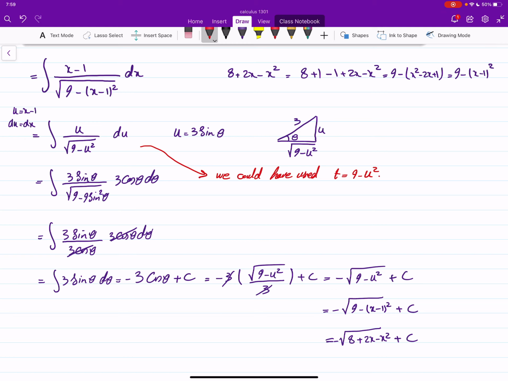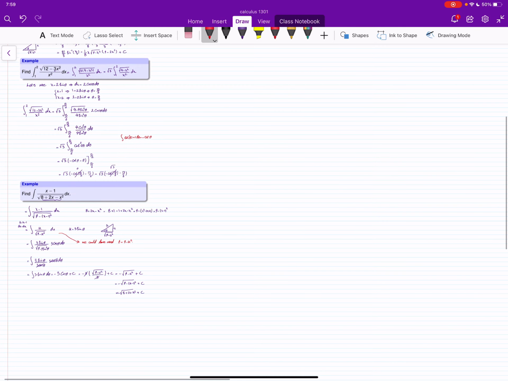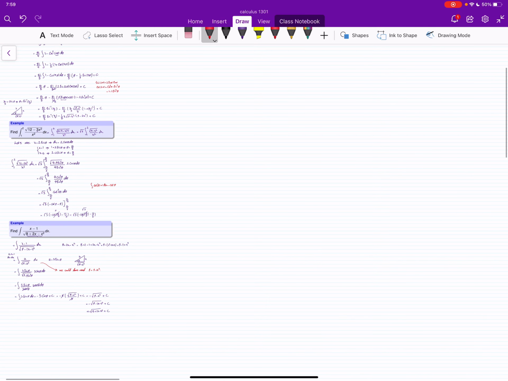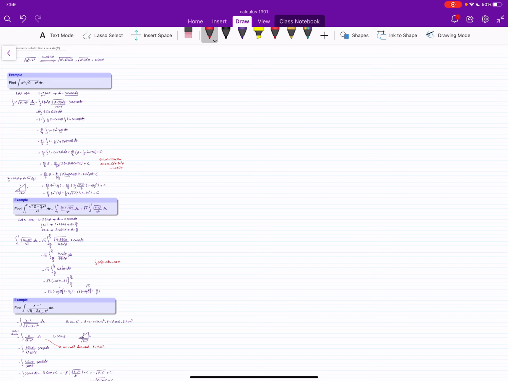So this example shows that you can sometimes do easier substitutions than trig substitution to get your integral's final answer, but I just continued the way that we had, and you can see that there is more than one way to complete one integral. Okay, so these were the examples for sine theta substitutions.